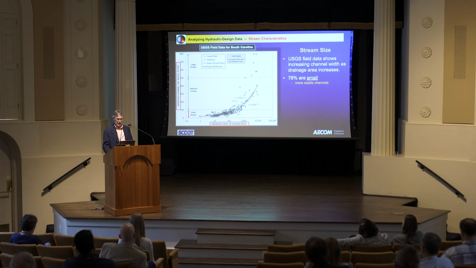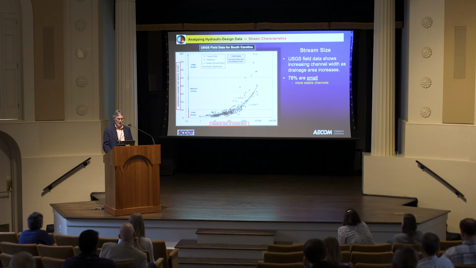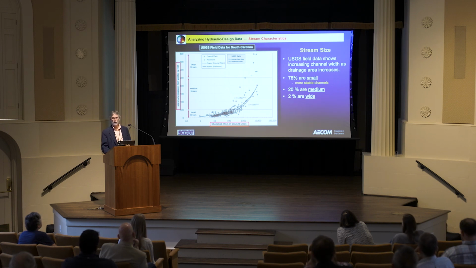I'm going to break out this graph by channel width. You see the red line arrows on the left. But so you have small streams that are 100-foot wide or less, stream width-wise, and about 78% of the data that we had are small streams, 20% are medium, and then 2% were wide.